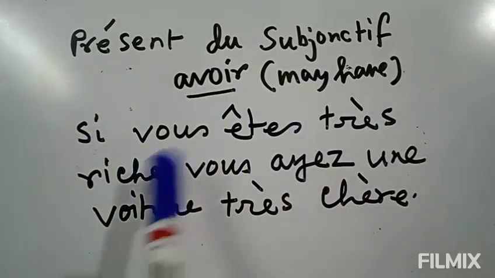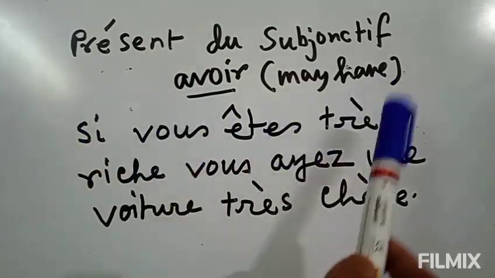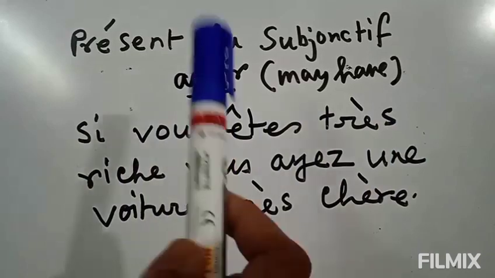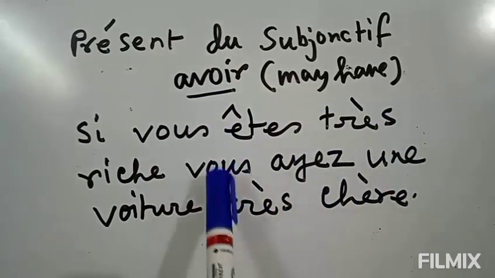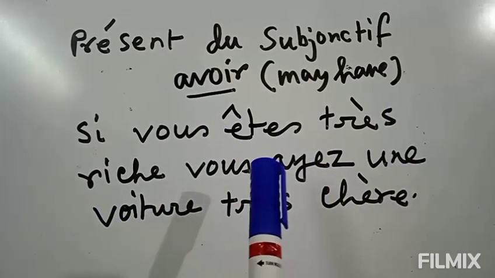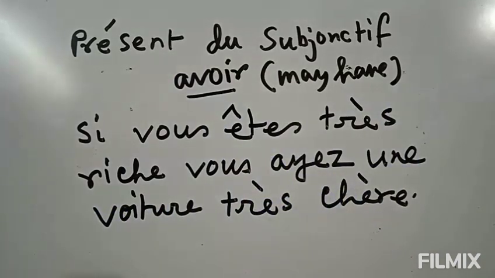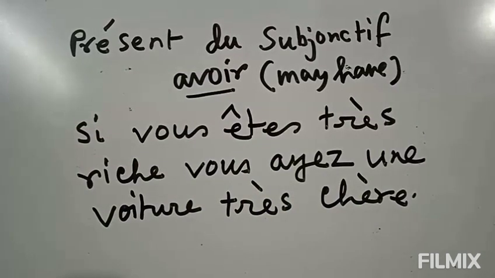If you are a very rich man, in that case, vous ayez une voiture très chère. You may have a very expensive car. Okay. This is a complete example. I think it is clear. This is the complete use and implementation of the verb avoir in présent du subjonctif.